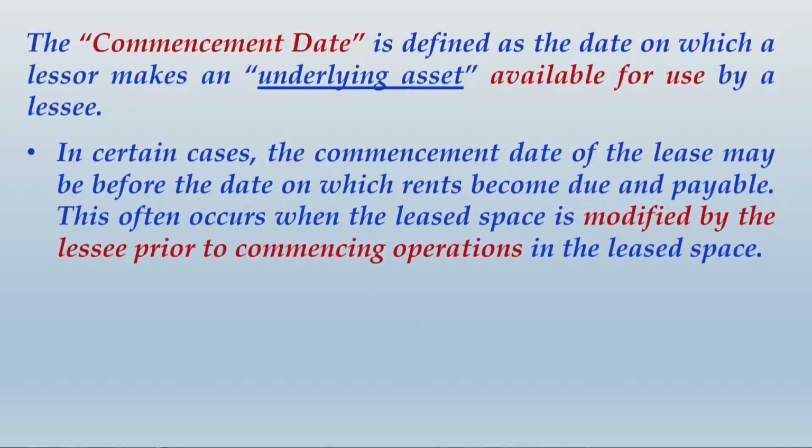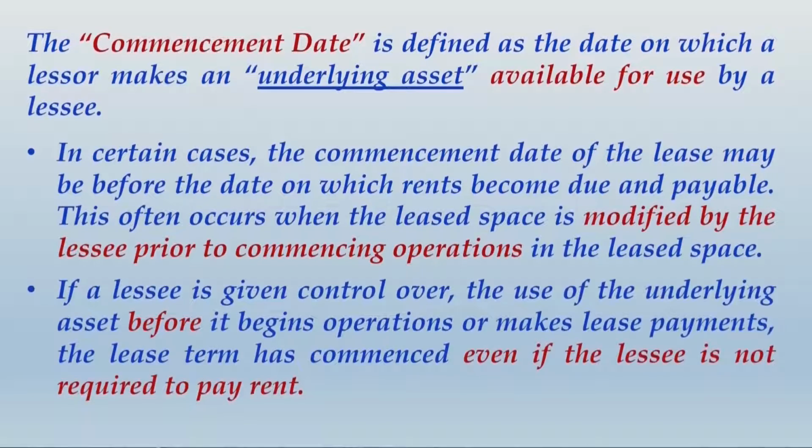This often occurs when the leased space is modified by the lessee prior to commencing operations in the leased space. If lessee is given control over the use of underlying asset before it begins operations or makes lease payments, the lease term has commenced even if the lessee is not required to pay rent.